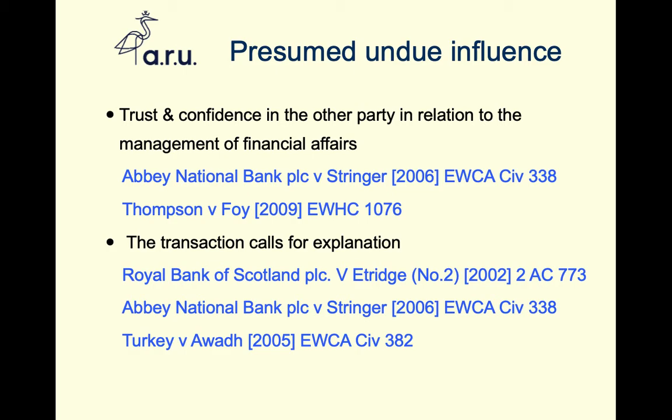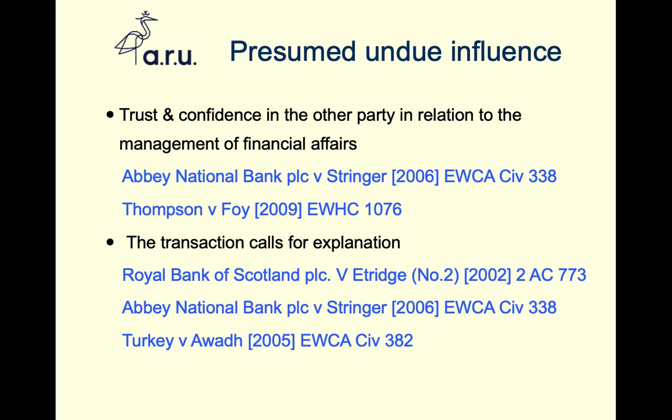So it wasn't her just being a nice wife and giving something lovely for Christmas. This was her signing away her rights in her home over to the bank to help his business. So that transaction is unusual and needs to be explained more clearly than just doing something nice as an act of generosity.